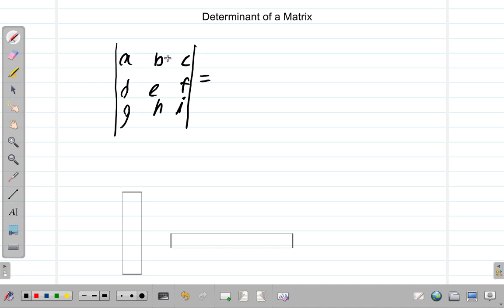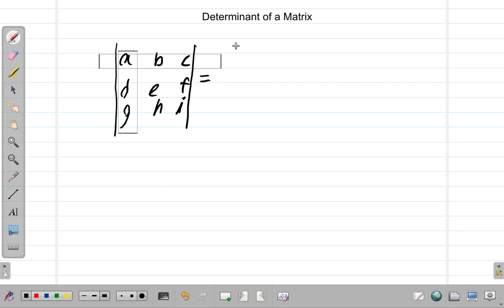But this is just a general example. What you can do is cover up the row and column with a in it. When I do that, using this rectangle, I cover up a, b, c as well as a, d, g. This row and column is covered up.